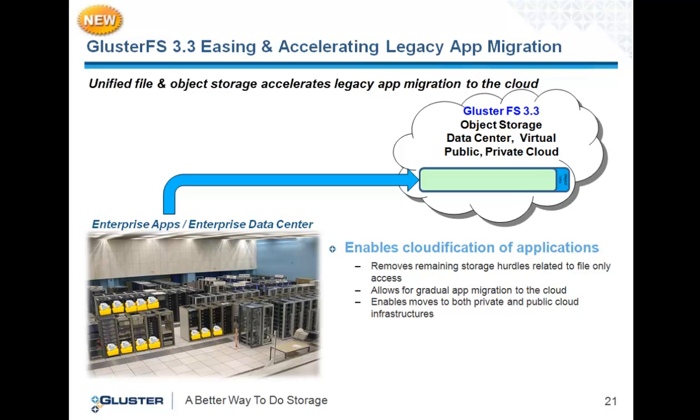So let's take a look at a migration approach. Some legacy apps, quite a few, maybe 90% of the legacy apps, built to run in a Unix, Linux kind of environment that are using POSIX standards, storage, networking, and file storage, have had a bit of a problem migrating to the cloud because there has been no NAS or network attached storage, POSIX compliant NFS and CIFS access in the cloud.